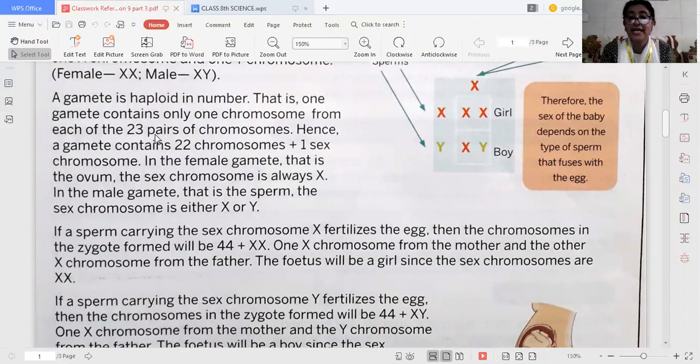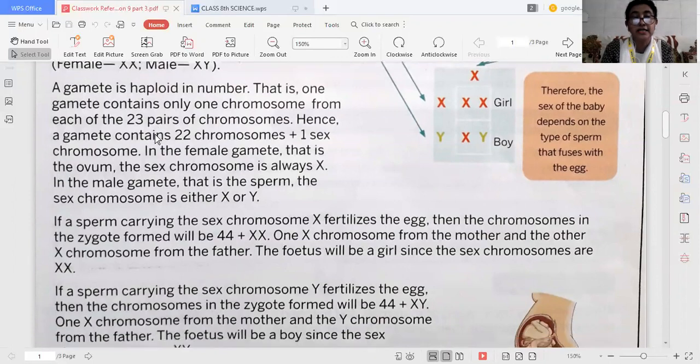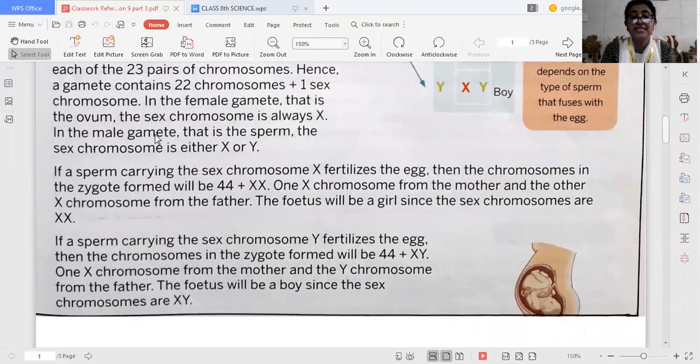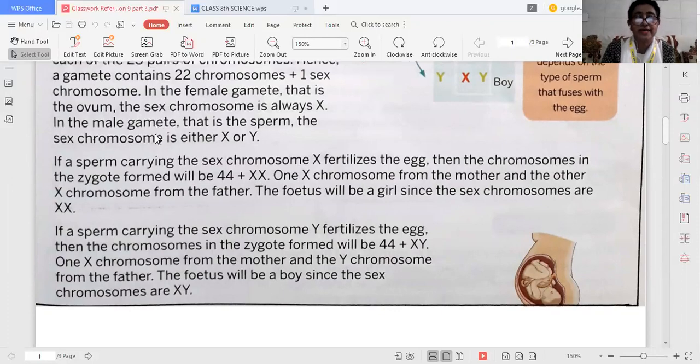Because there are two X chromosomes, the fetus will be a girl. But if a sperm carrying the Y chromosome fertilizes the egg, then there will be XY chromosomes, which means the fetus will be a baby boy. So that is how the sex is determined in human beings.